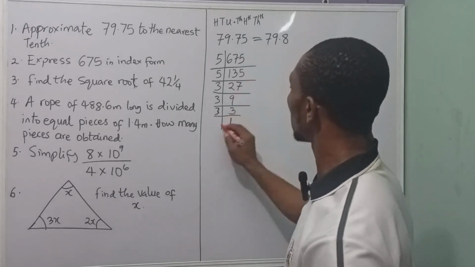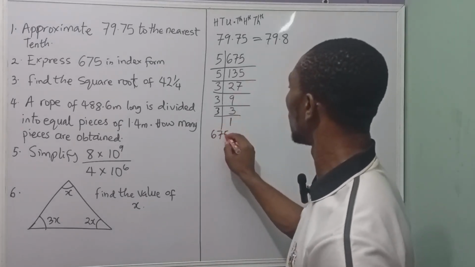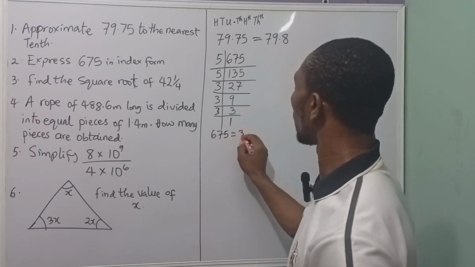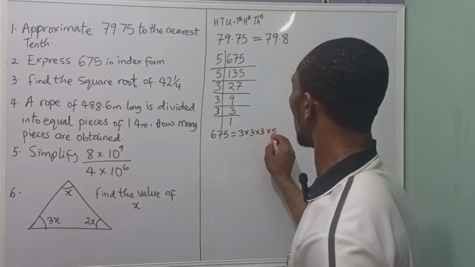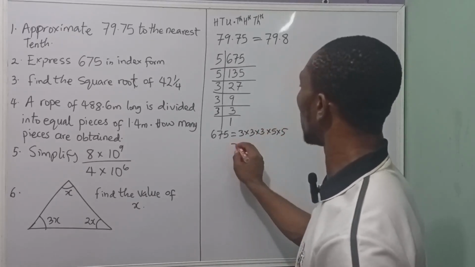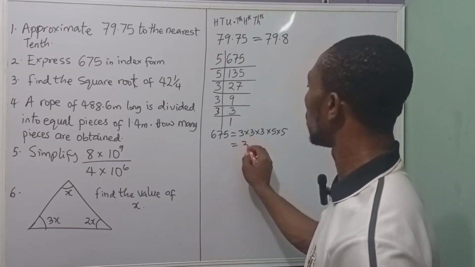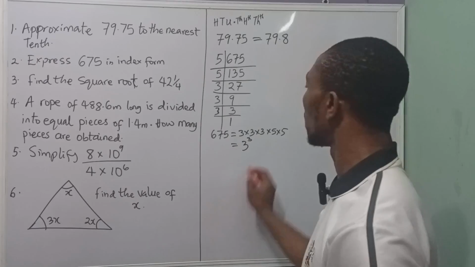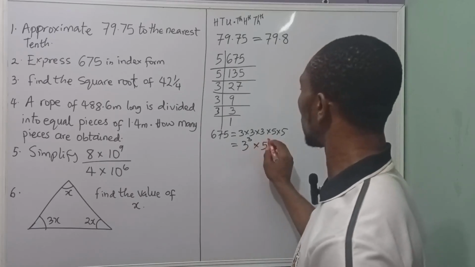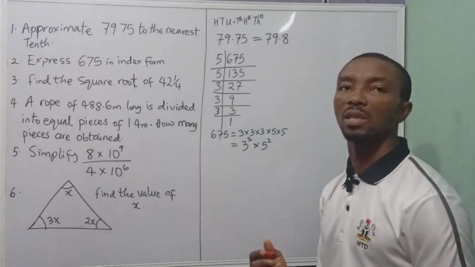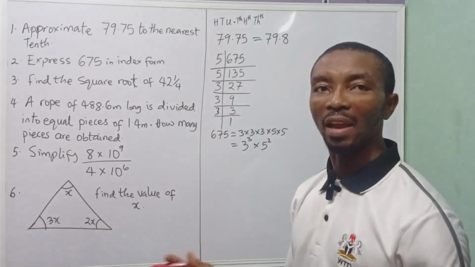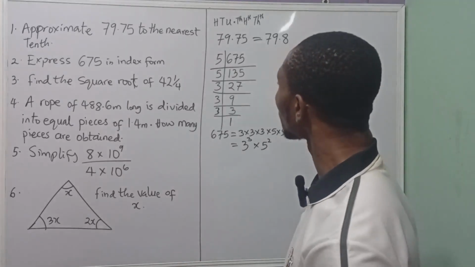So 675 would be 3 times 3 times 3 times 5 times 5. So in index form, this becomes 3 raised to power 3 times 5 raised to power 2. With this, we have expressed 675 in index form.